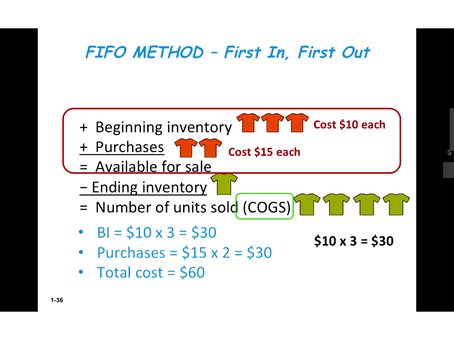But we only had 3 units in beginning inventory and we sold 4 units. So we also sold 1 t-shirt from the purchases. So we had 1 unit at $15 because under FIFO, we sell our oldest units first. We sold all 3 from beginning inventory, and then we had to sell 1 from purchases. So that means our total cost of what we sold under FIFO is $45.